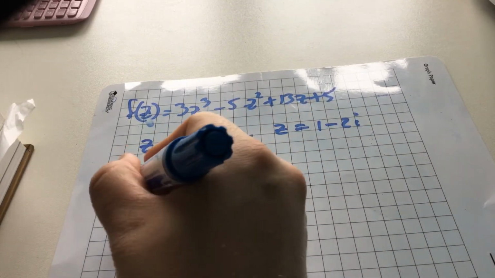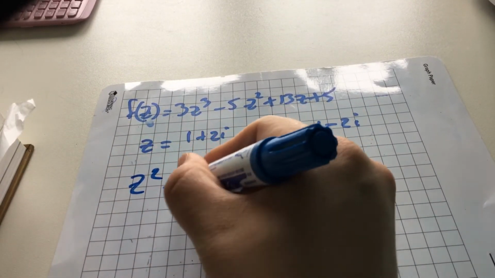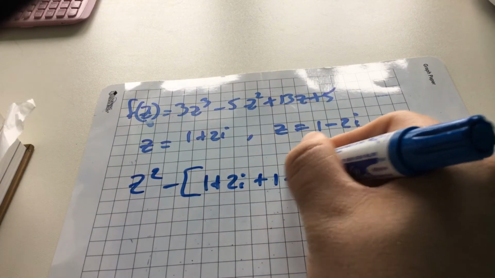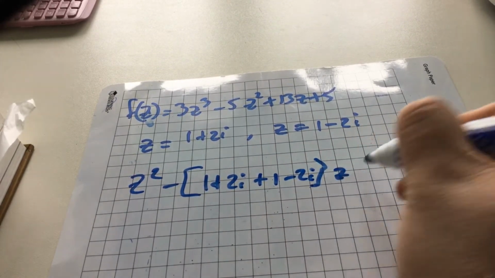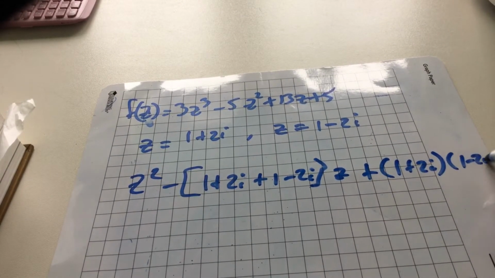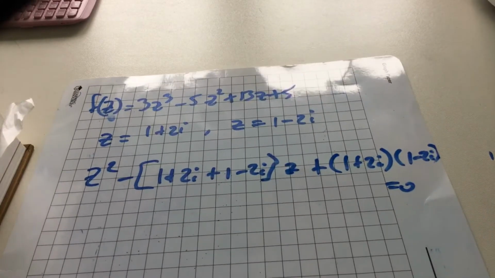And then I can go z squared minus the sum times z plus the product equals 0.